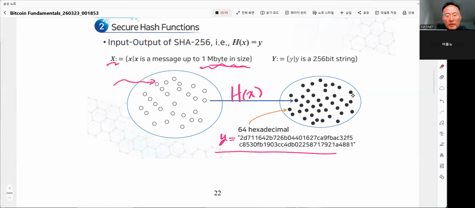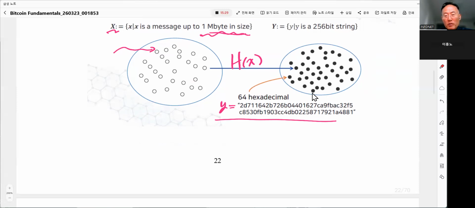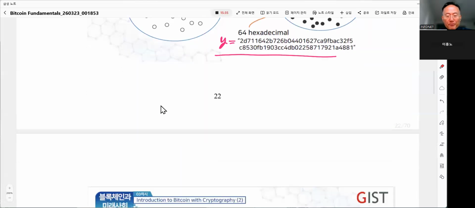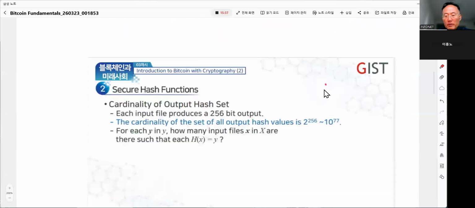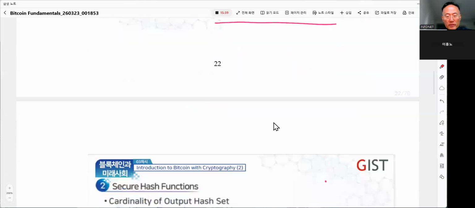As you can see, this set is very, very large, but this one is only a 256-bit string. So it is a much smaller set. This Y is much smaller than X. That's one thing that you need to notice.